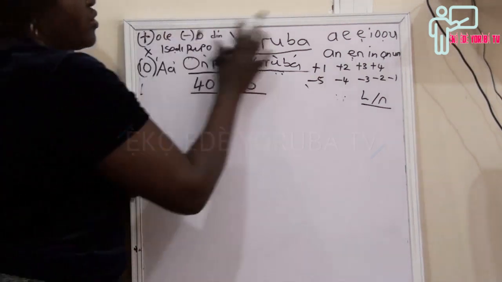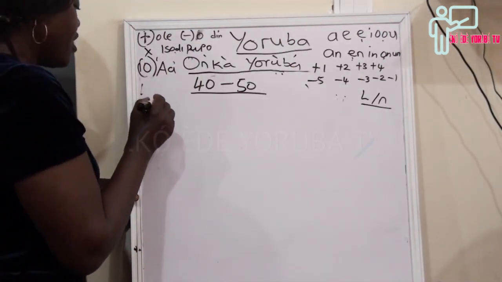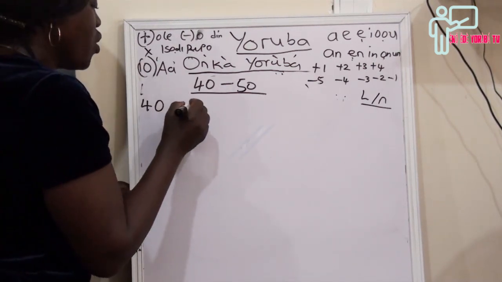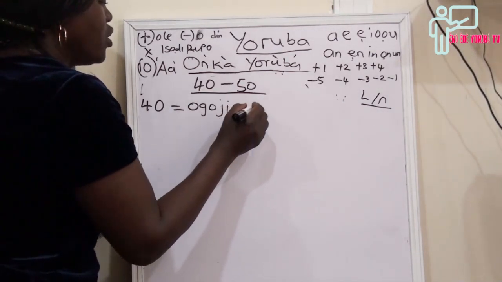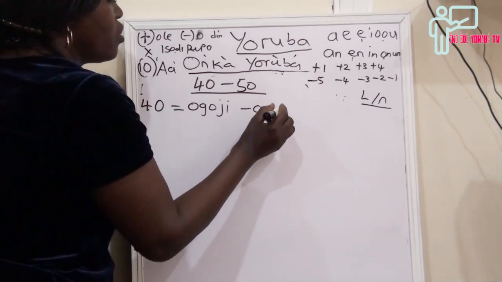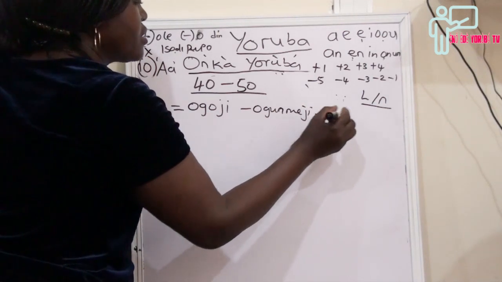We still make use of this, that is why I didn't clean it up. So you know that 40, we call 40 ogún méjì, which is ogójì. Ogún méjì, 20 times 2.